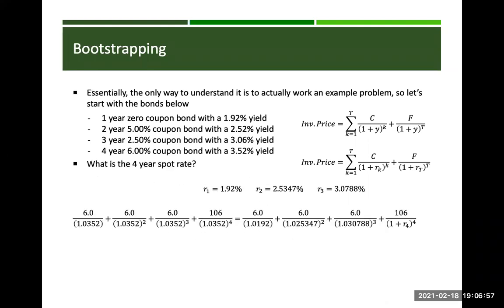The spot rates are telling the discount rates for a specific point in time. So this 1.92 here for 1 year, that's specifically for a cash flow 1 year ahead from now. The 2.5347% for 2 year, that's specifically the discount rate only for a 2-year ahead cash flow. Same thing for that 3-year spot rate.